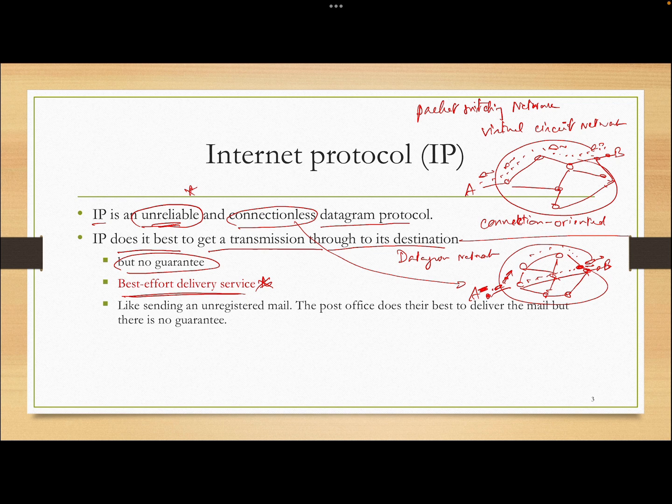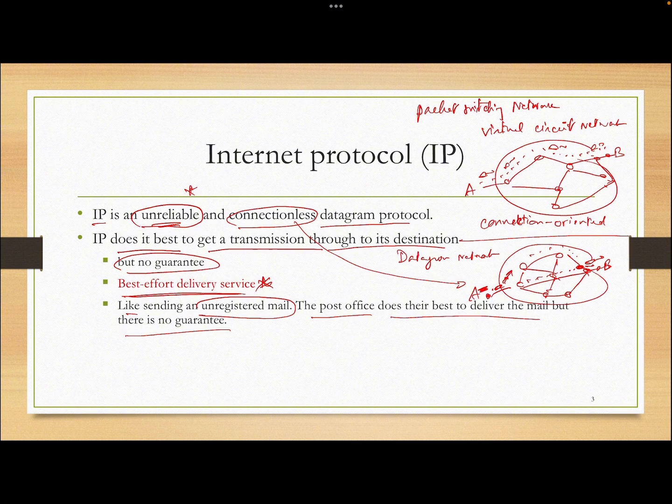So there's no guarantee that when you send, it will arrive. This is like sending unregistered mail. The post office does its best to deliver the mail, but no guarantee. If you want a guarantee, you have to register your mail, and send it more expensively, to make sure that it arrived.